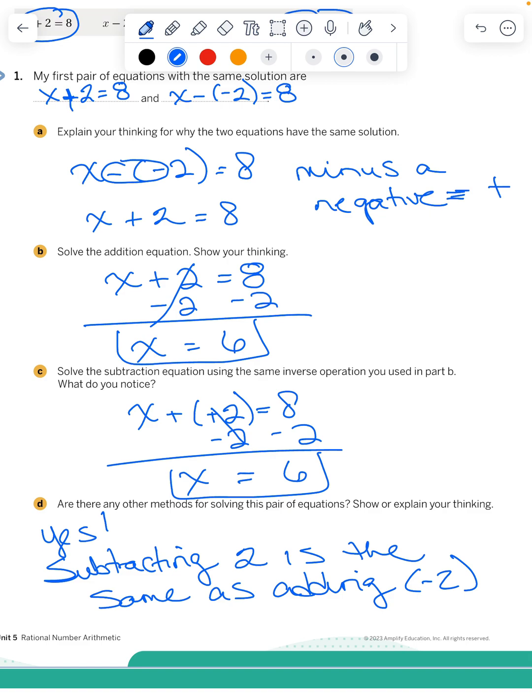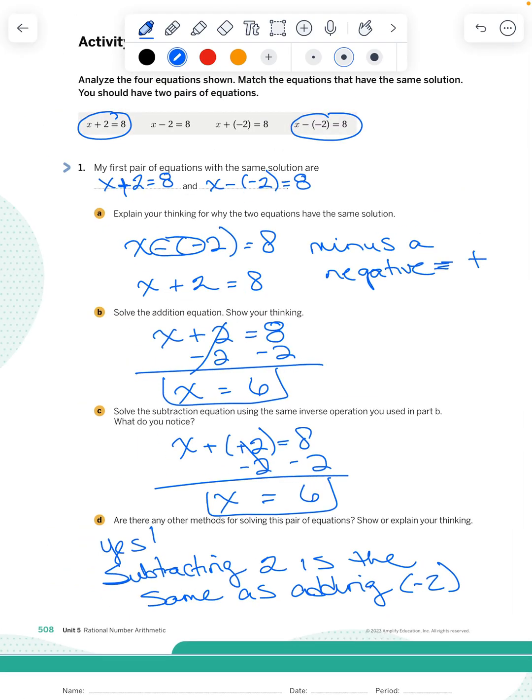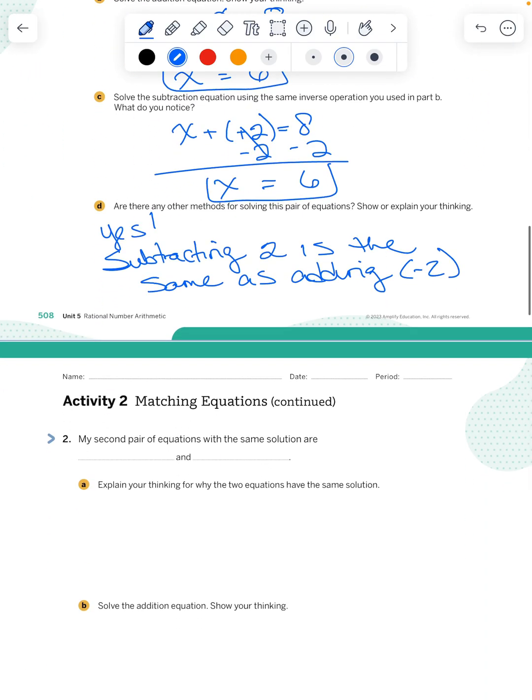So when you subtract 2, it is the same thing. If I do -2, that is the same thing as adding a -2. Okay, subtracting 2 and adding a -2 is the same thing. Okay, let's move on to the next page.